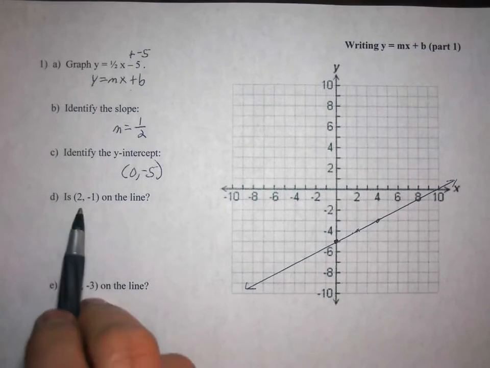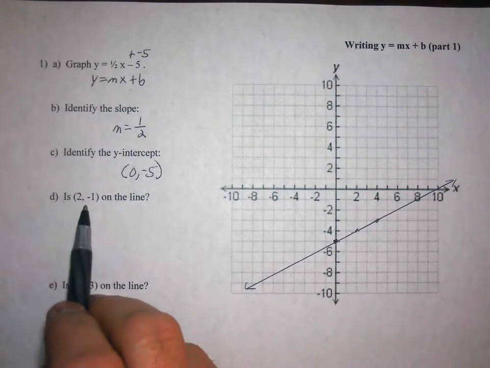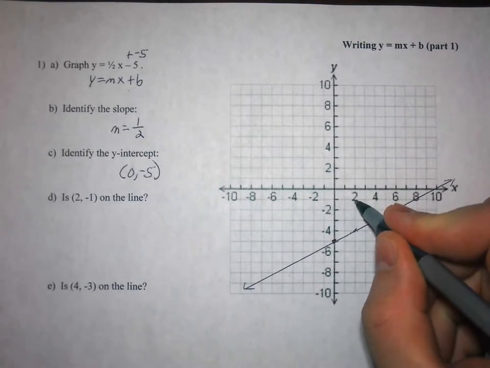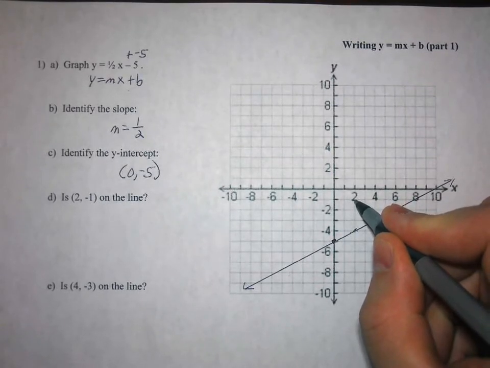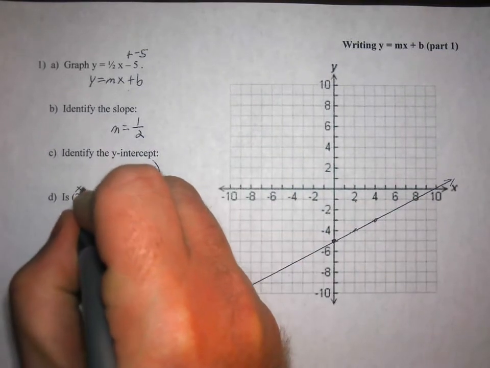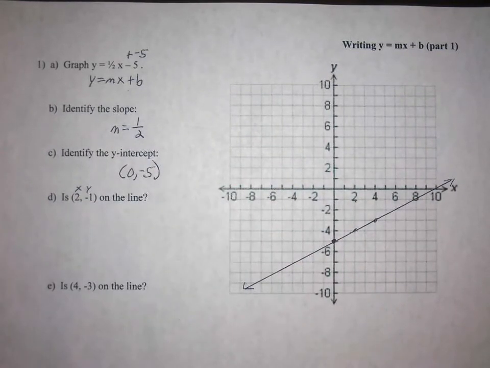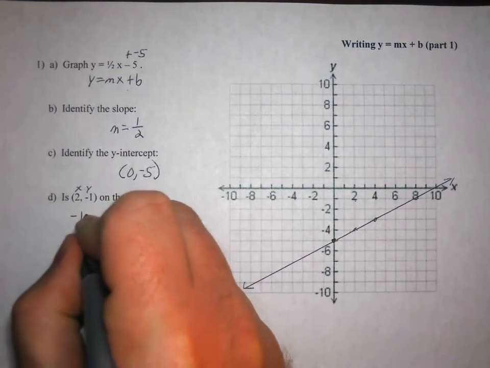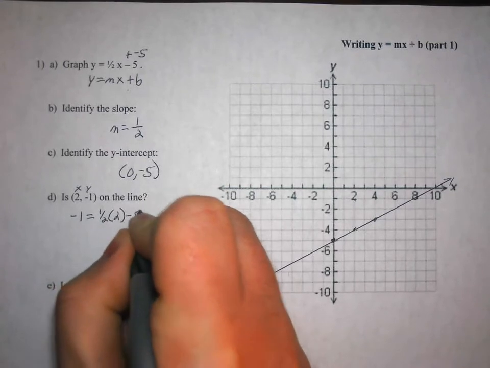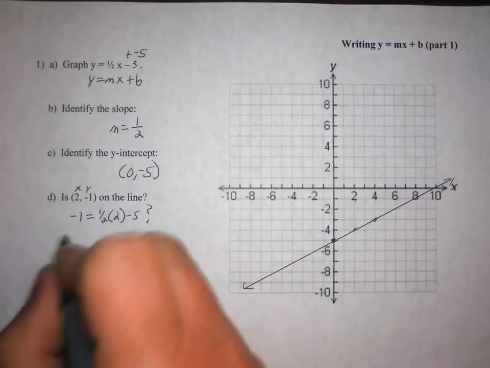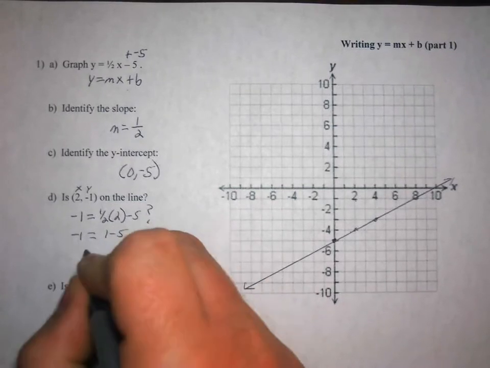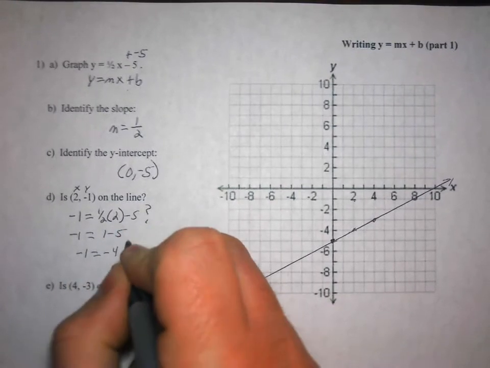The next thing we're going to look at is the point 2, -1 on the line. Well, we can look at the graph. 2, -1 is right here. That is not on the line. So how does that work with our equation? Remember these are just xy points. So does -1 equal 1/2 times 2 minus 5? You'll see -1 equals 1 minus 5. Does -1 equal -4?